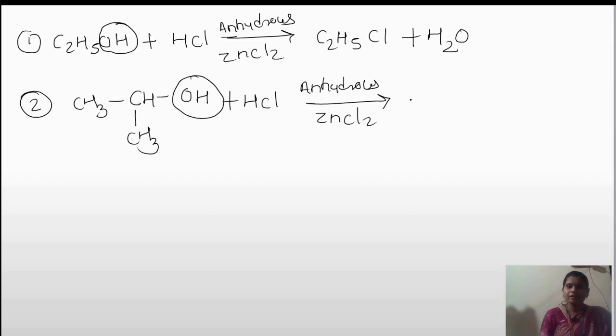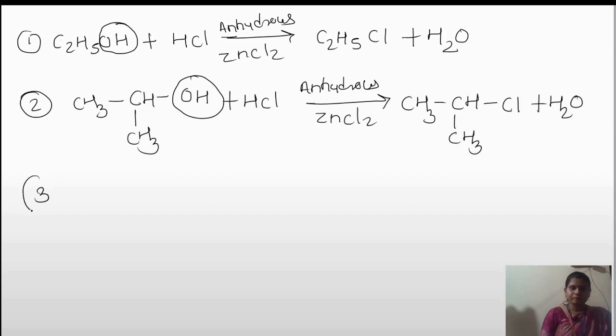So what is the product of this reaction? CH3CHClCH3, and byproduct is again H2O. This is in the case when the alcohols are, here the alcohol is primary and here the alcohol is secondary, because this OH group is attached to this secondary carbon atom. So this alcohol is a secondary alcohol.